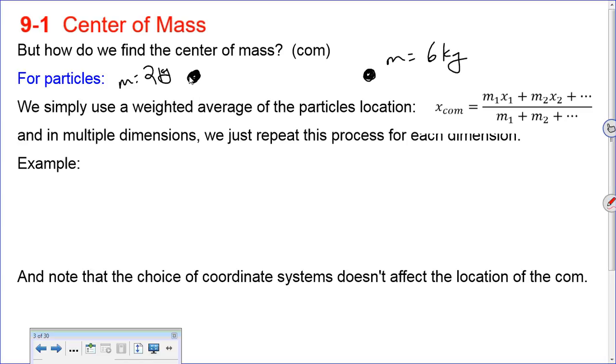For simplicity, let's call one of the ends position 0, and then number from there. Maybe it goes x equals 1, x equals 2, x equals 3, and maybe this guy is at a position of 4. And those are all in meters.